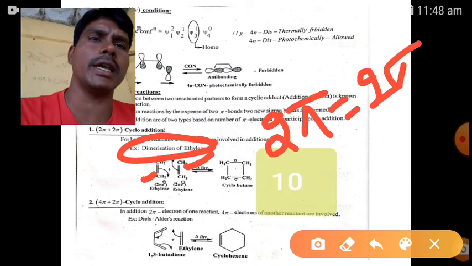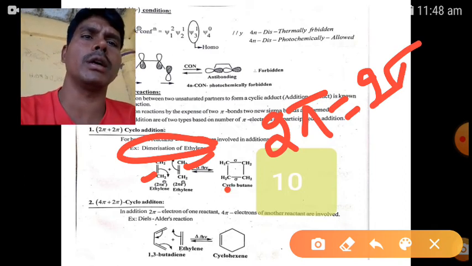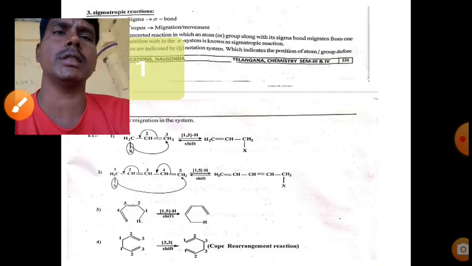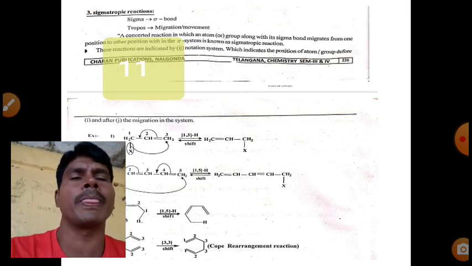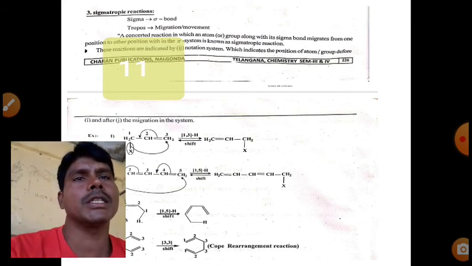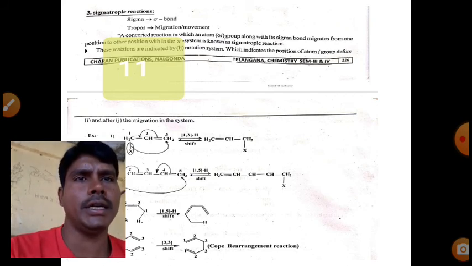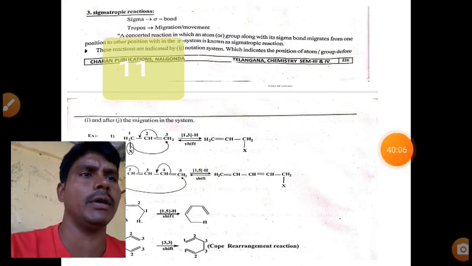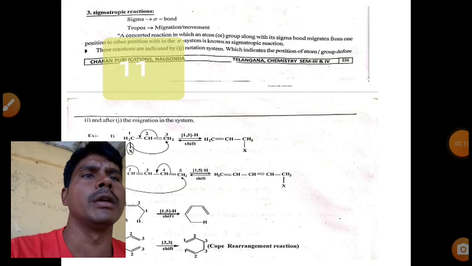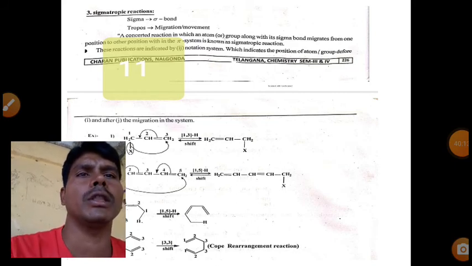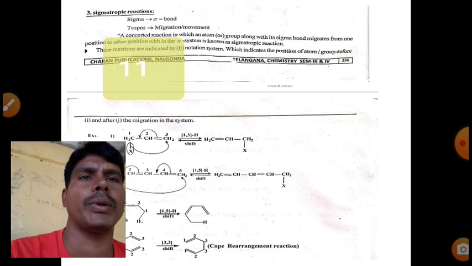So this is the cycloaddition reaction. Next one, sigmatropic reaction. This is also something you already know, that is the 1,3 shift, tautomerism. Sigma bond tropes means migration. So a concerted reaction in which any atom or any group along with its sigma bond migrates from one position to another position within the pi system is known as a sigmatropic reaction.